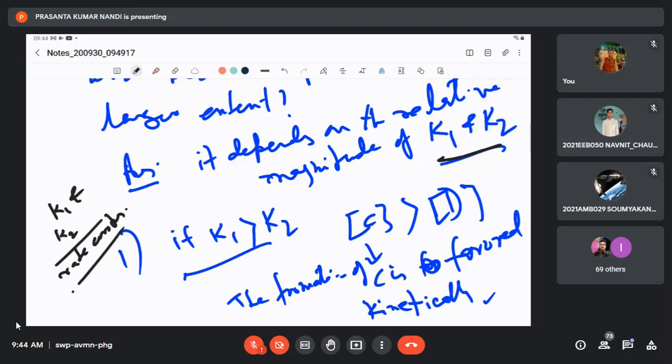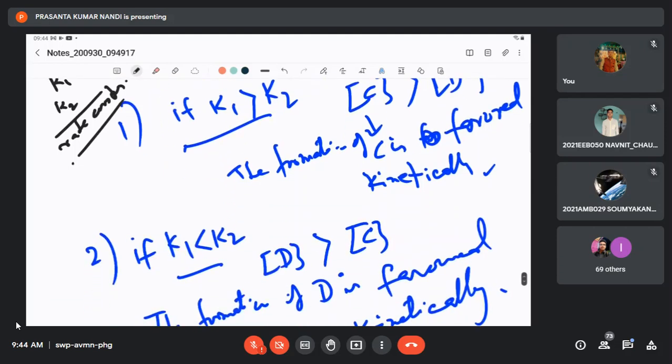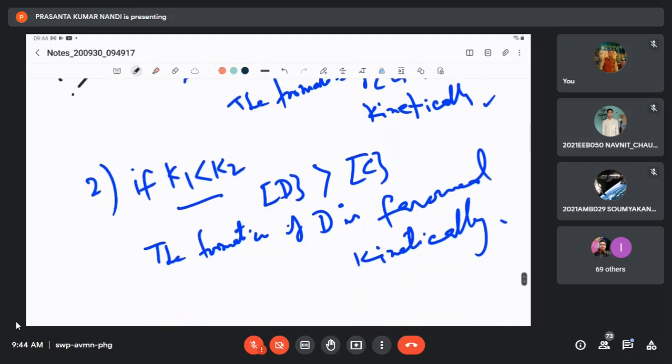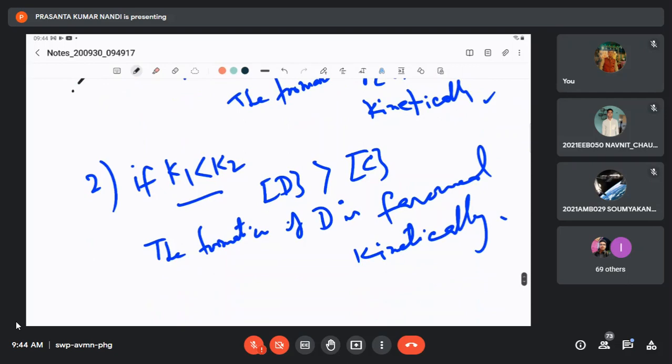That is rate constant K1 and K2. If the rate constant of a reaction is larger, naturally that reaction step would be faster. It is a normal, usual concept. But if K1 is less than K2, then naturally the concentration of D would be favored. Same thing I am repeating for this.